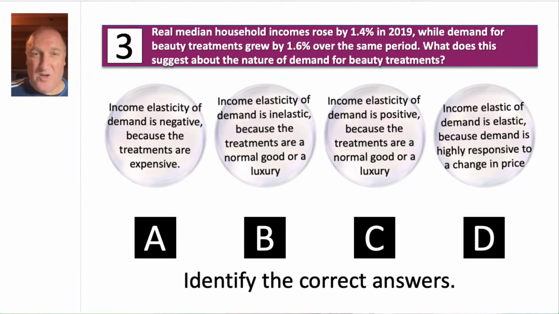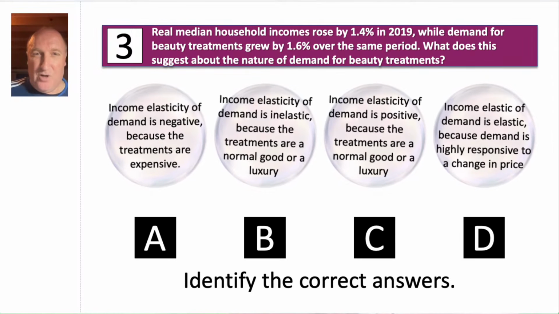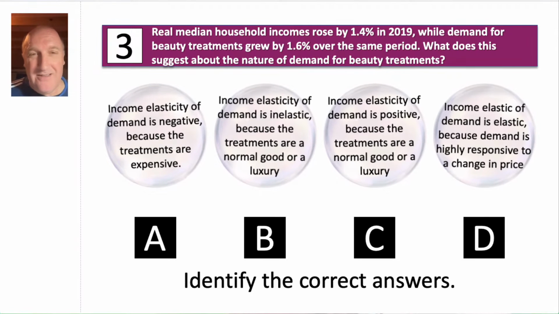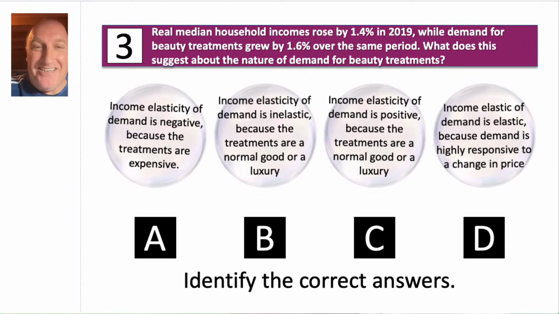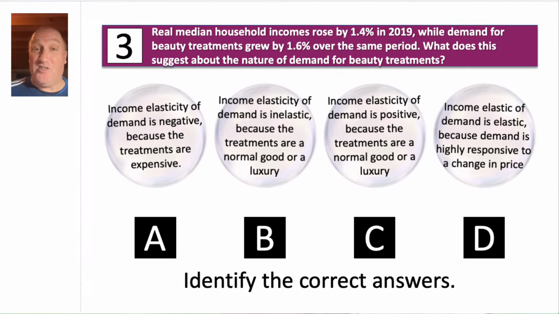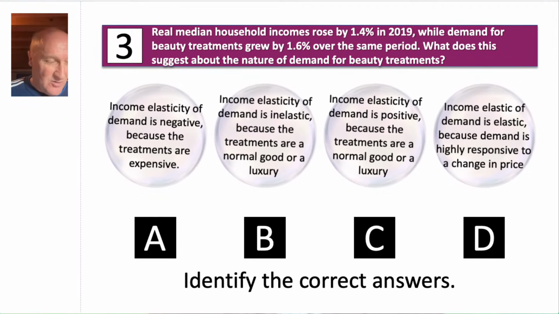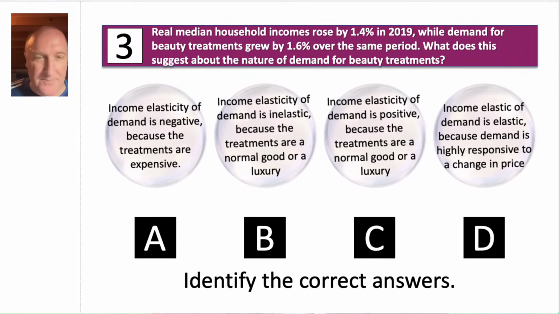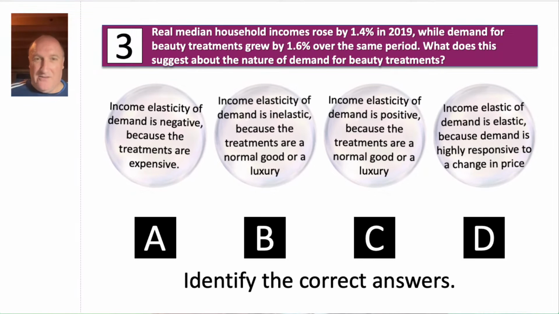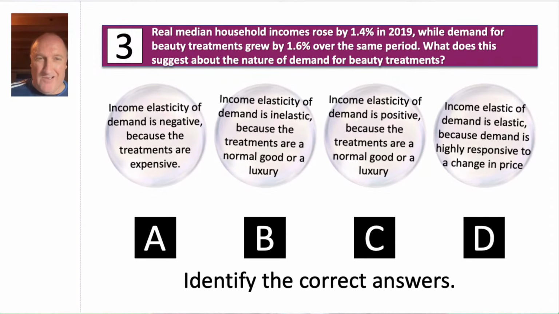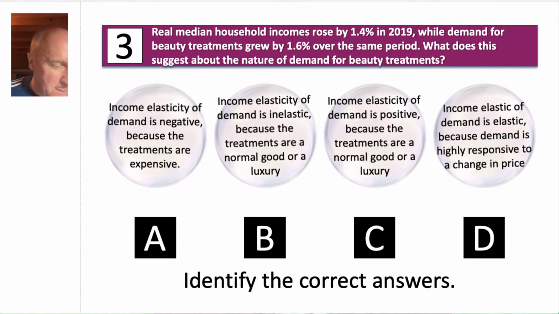Incomes rose in real terms by 1.4%. Demand for beauty treatments, and as you know, I spend a lot of money on these kind of things, grew by 1.6% over the same period. What does that tell you about the nature of demand? What do we think? What do we think on this one? How many of those statements are right? There's quite a bit to read there.